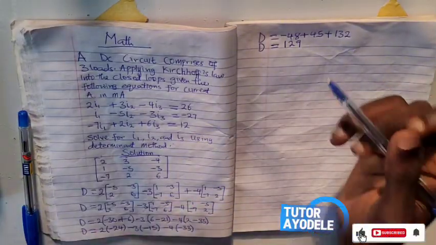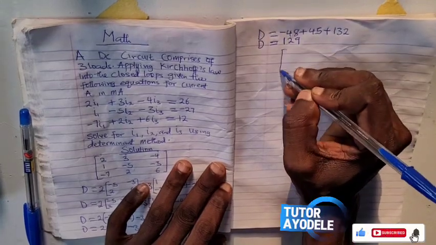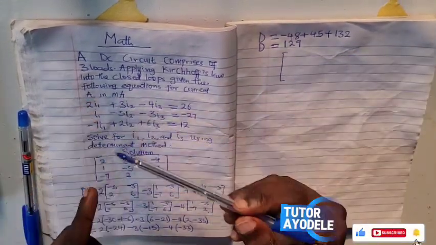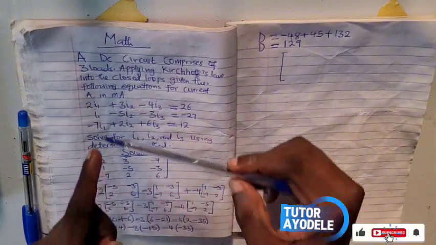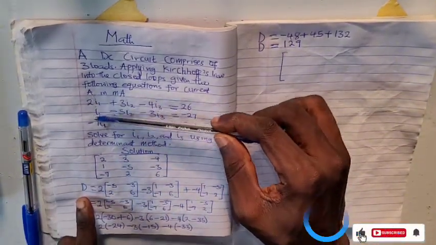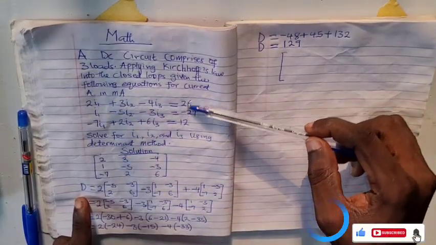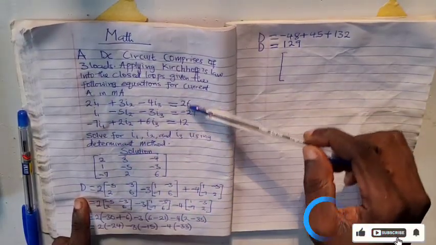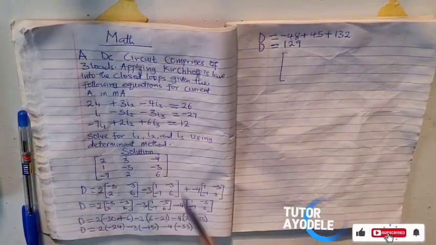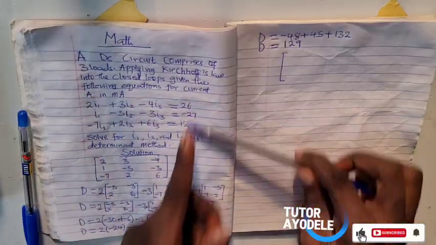Okay. So to get the determinant of I1 now, the coefficient of this row is this, right? So I1 is found here. So I will replace the coefficient of I1 here, all of them, with this. Others remain the same because I'm dealing with I1, so I will just substitute I1 with this.